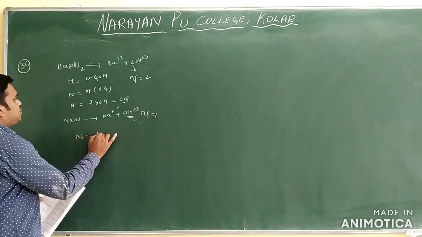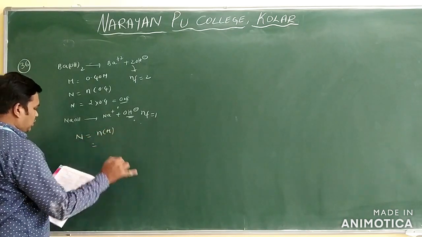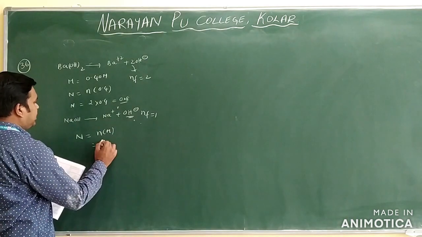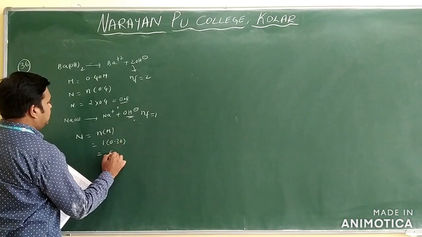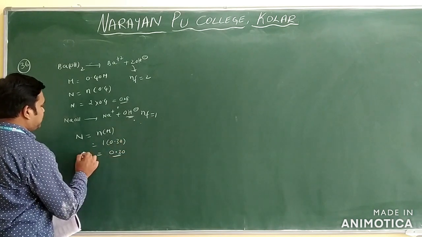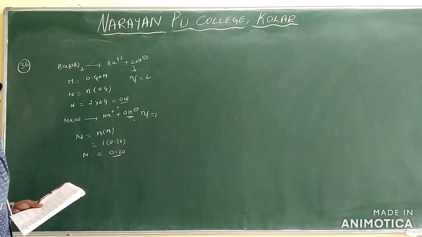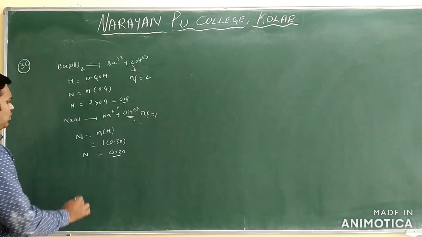The molarity of NaOH is 0.30, so normality is 1 into 0.30, the same value. Normality and molarity are the same for NaOH. Clear?